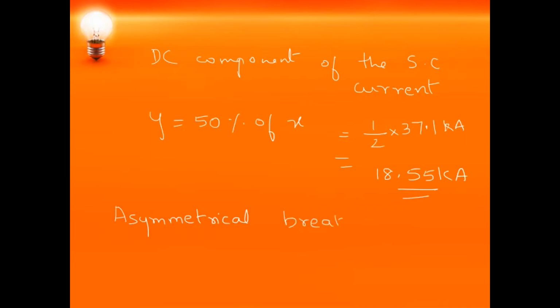So now we can find the asymmetrical breaking current. Asymmetrical breaking current is equal to the root of (X by root 2) the whole square plus Y square.